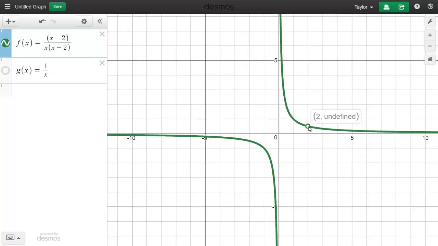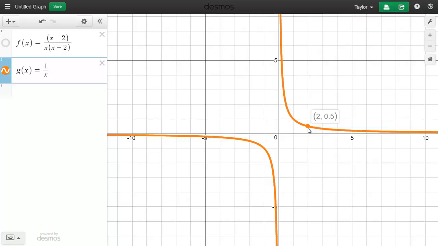Now, as we can see here, the discontinuity at x equals 2 is just a hole in the graph. Essentially, we can redefine f of 2 by simply dividing out common factors and looking at this function right here, which is our way to redefine x equals 2.